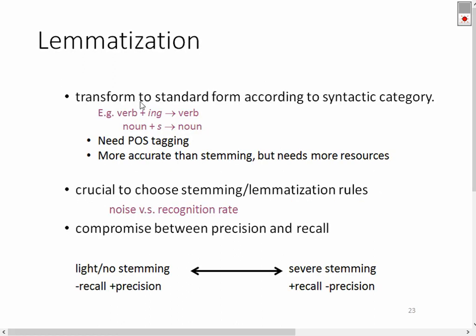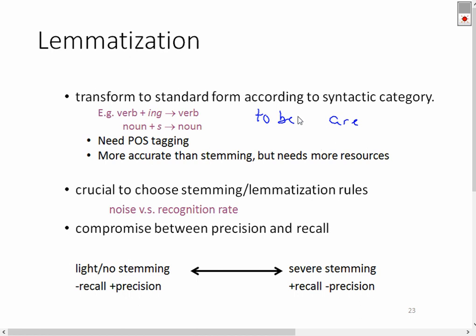Lemmatization, let's just look at that for a moment. So basically the idea of lemmatization, where stemming is just chopping a word off. We're just going to chop off the endings. Lemmatization tries to get to common meanings. So for example, in English, to be and are are the same word in different forms.